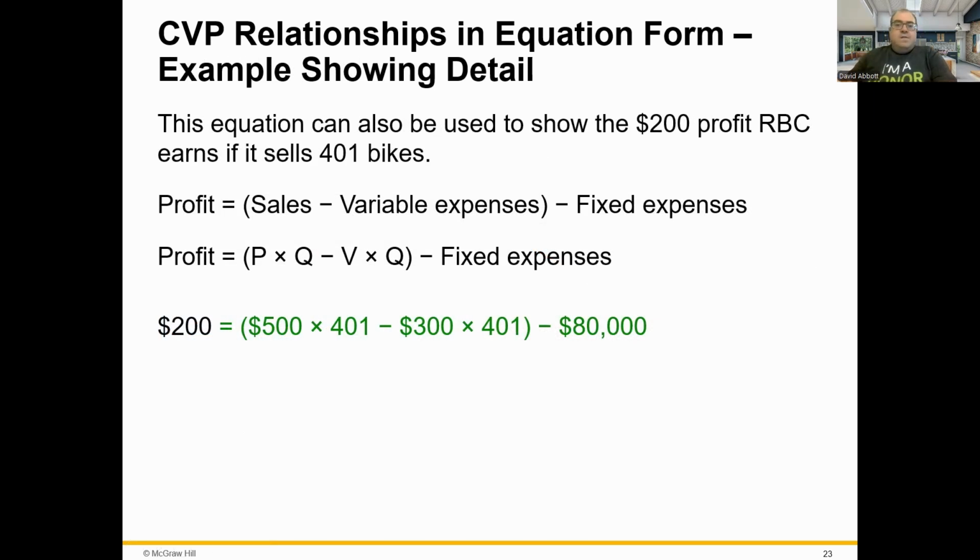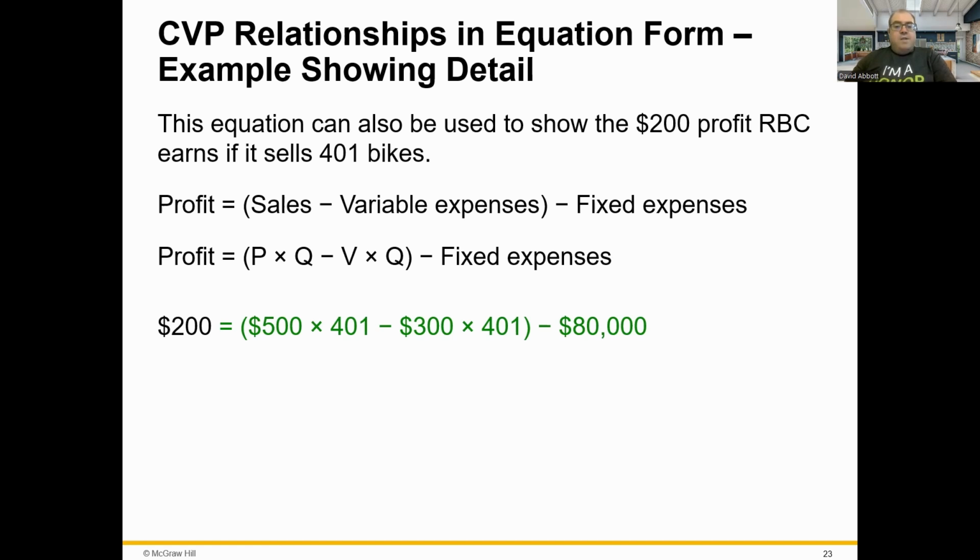Again, just showing you another way that you can break it down, we have our P, which is the selling price, $500, multiplied by the number of units, which is Q, which is 401, or excuse me, the quantity. So the selling price multiplied by the quantity. P is the selling price, Q is the quantity that was sold, which is 401. And you would solve for that first.